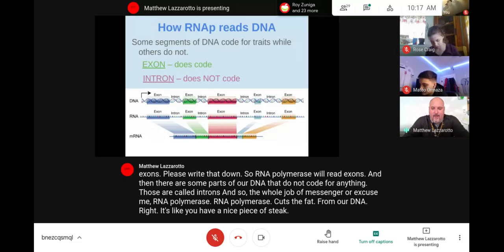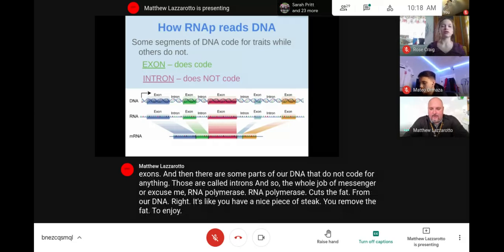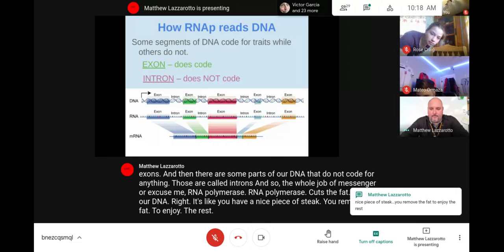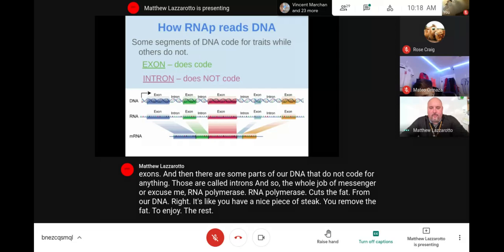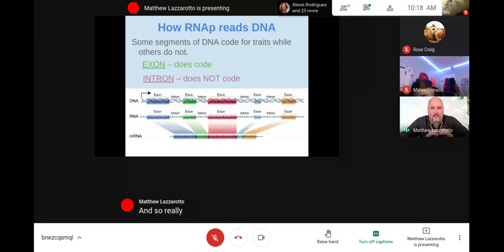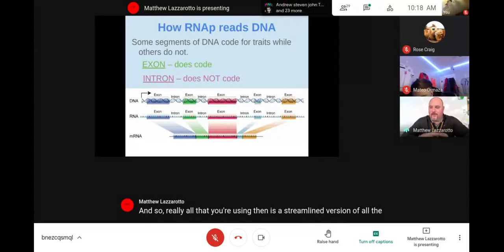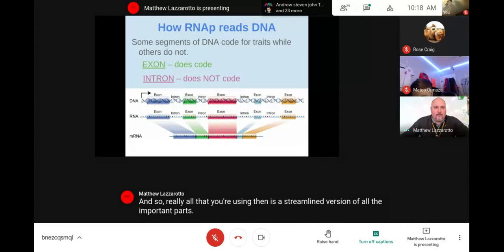You remove the fat to enjoy the rest. And so really all that you're using then is a streamlined version of all the important parts that will help you build a protein.